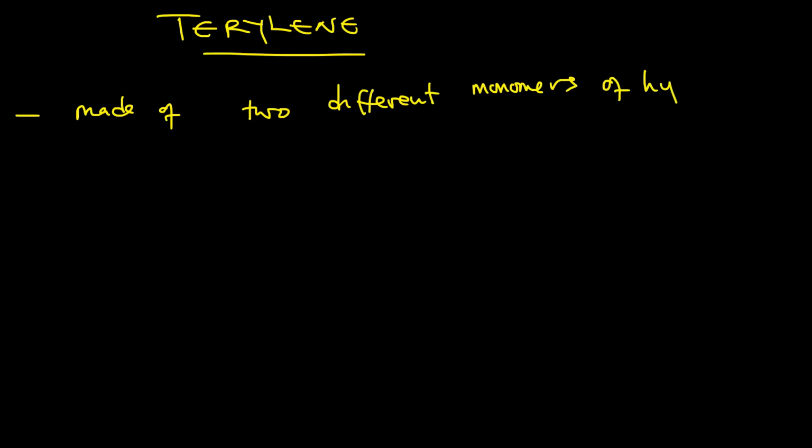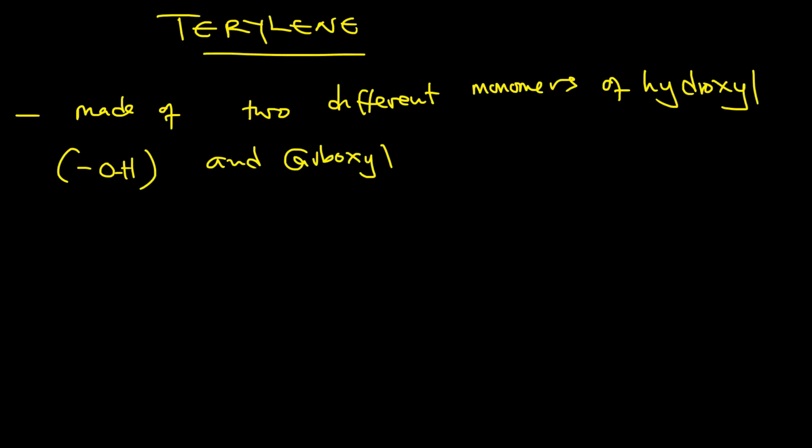Two different monomers of hydroxyl, which means OH, and carboxyl. Now we know that carboxyl is this. So terylene is made of two different monomers of hydroxyl and carboxyl.